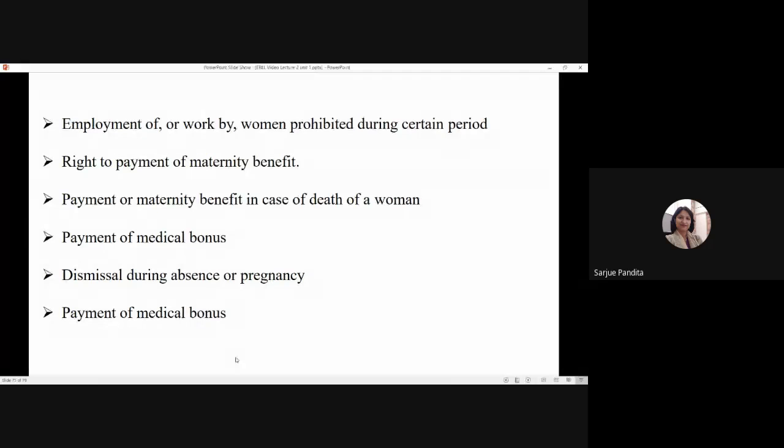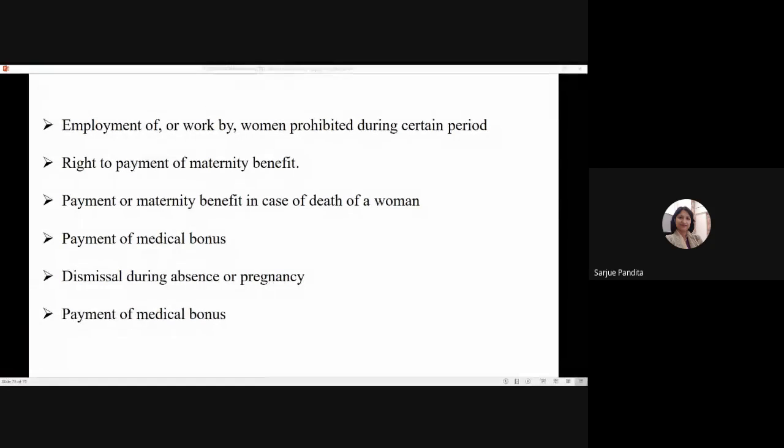Then payment of medical bonus. Every woman entitled to maternity benefit under this Act shall also be entitled to receive from her employer a medical bonus, if no prenatal confinement and postnatal care is provided by the employer free of charge. That means a female who has been working is entitled to get the medical bonus.